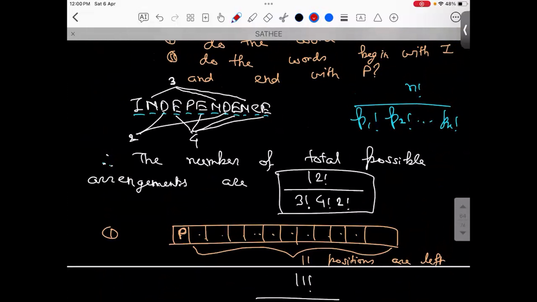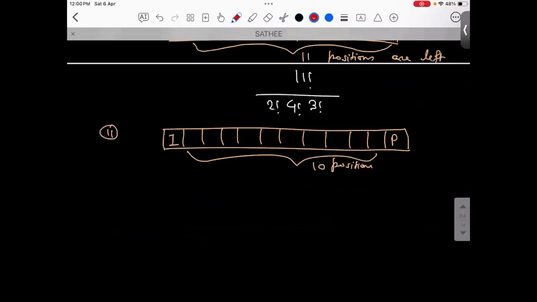So here I and P are fixed, right? Again, you can see that all the 4 E, all the 3 N, and all the 2 D can appear in these 10 positions.